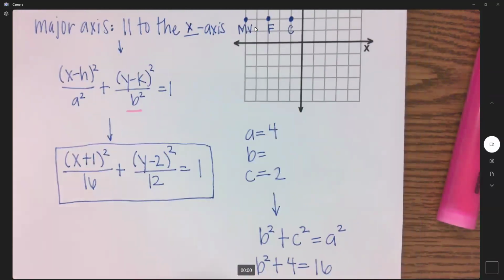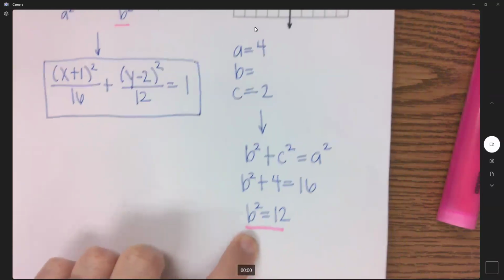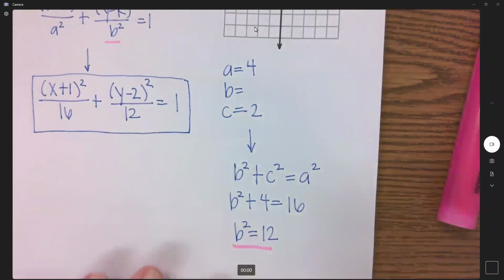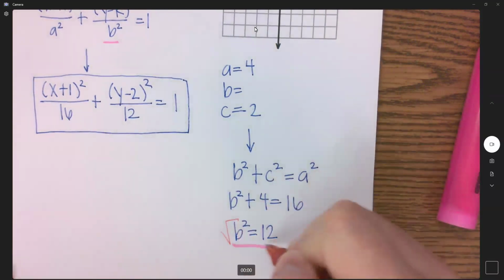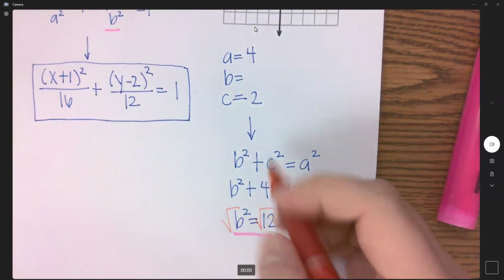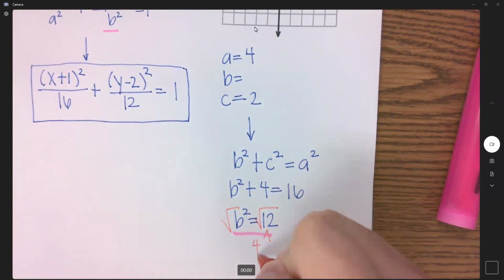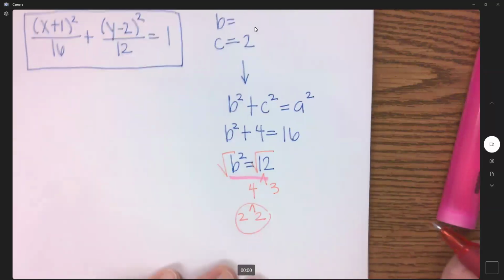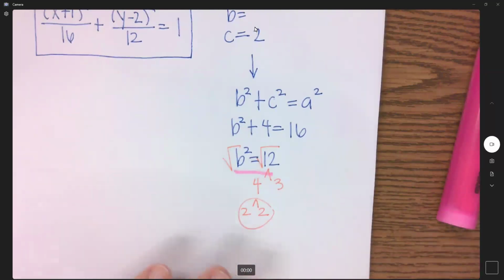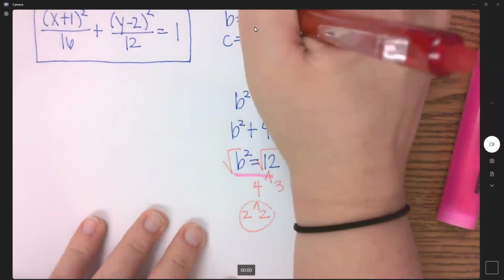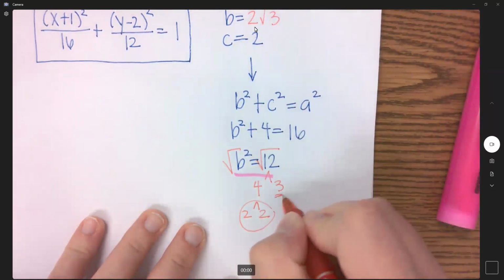So before we graph, let's figure out what b actually equals. So I'm going to go in a different color here. Take the square root of both of these, which I think we've already done before. This is 4 times 3, which is 2 times 2. So we're going to get 2 square root 3.